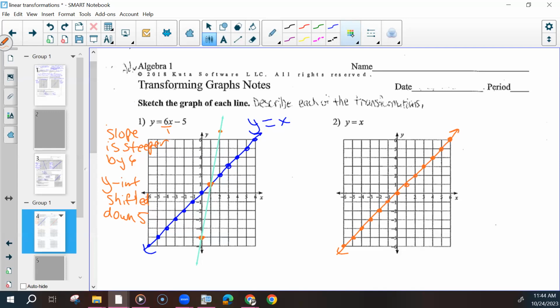So in this case, the slope and the y-intercept both stay. Just gonna do a few more. But let's jump down to number 5.